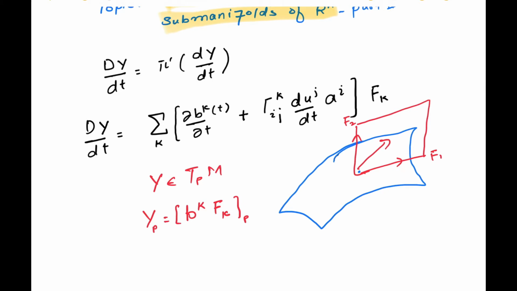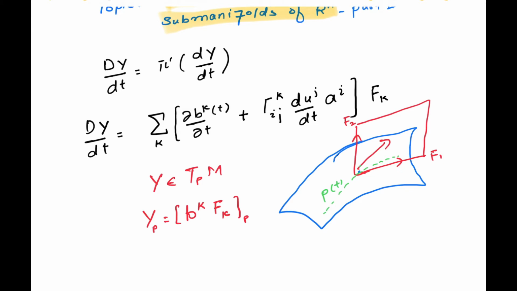Now for taking the covariant differentiation, as we discussed last time, we take a curve over this manifold. I represent it with P of t, and then I differentiate along this curve.